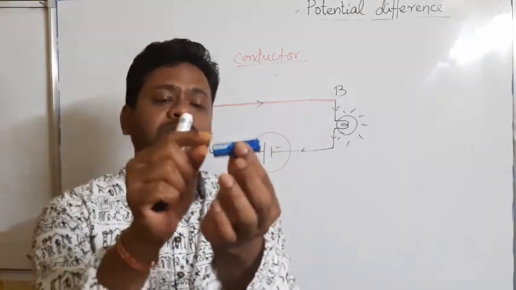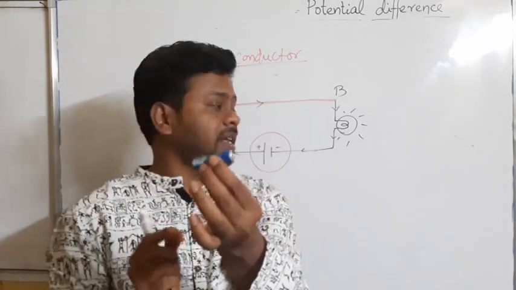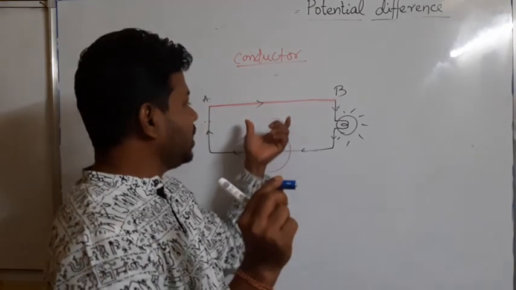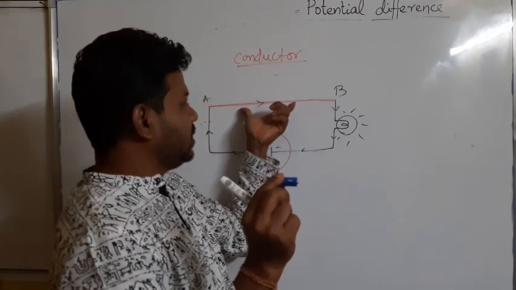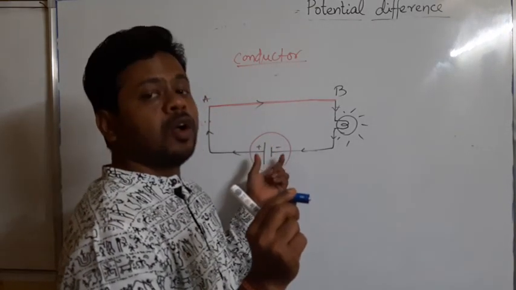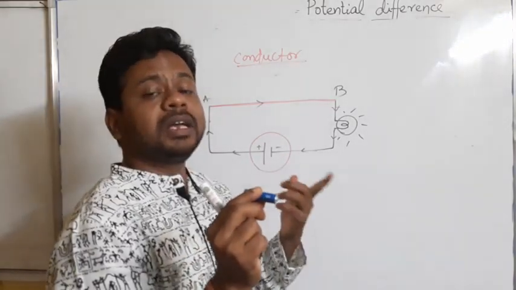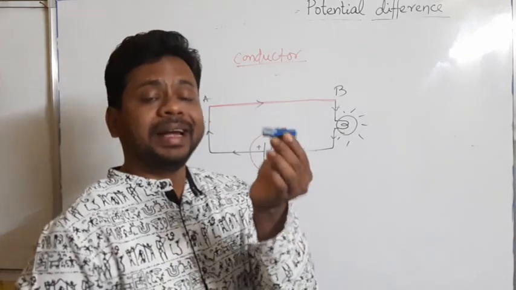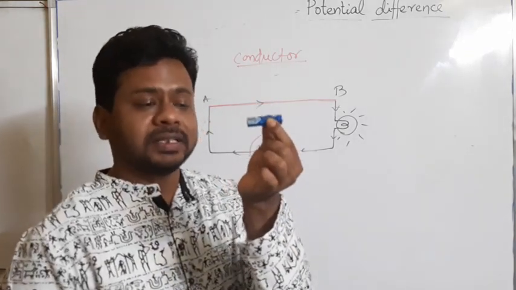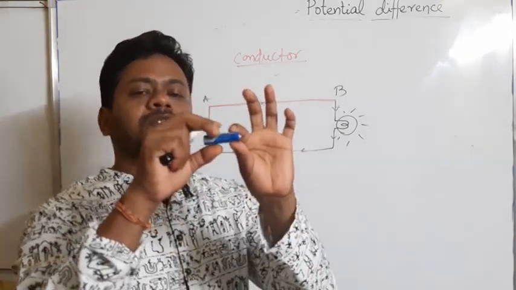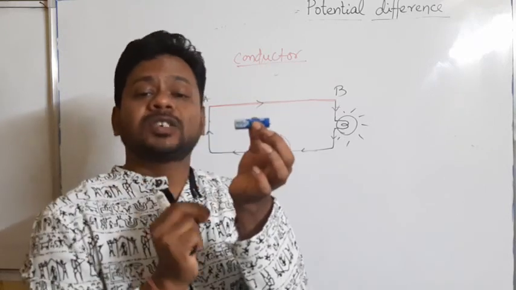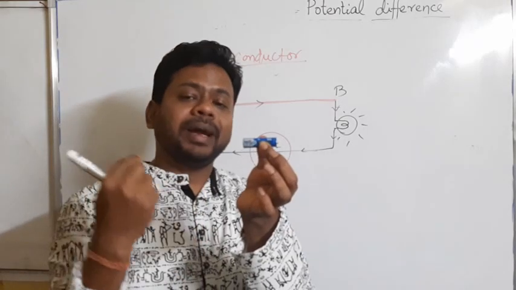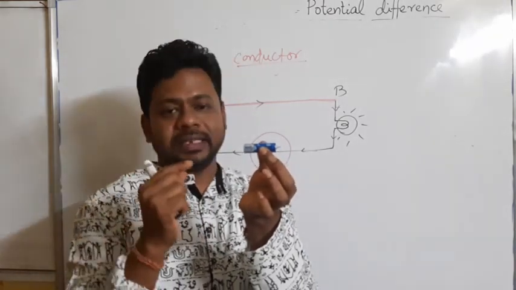How does this cell maintain the potential difference in an electric circuit? Whenever you join an electric circuit with a cell or battery, only then does current start to flow, because the cell maintains the potential difference. Inside the cell, some chemical energy is stored, and that chemical energy is used to maintain the potential difference.